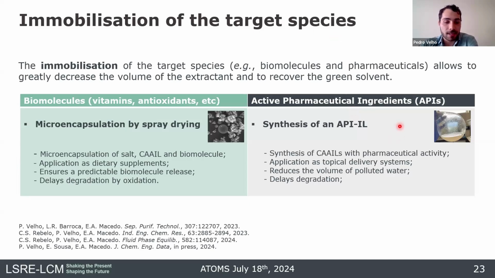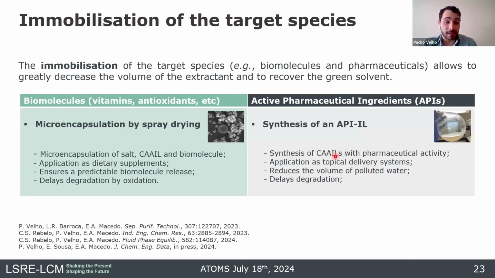We take the top phase, evaporate all the volatile components if we have them, for example using a rotary evaporator, and then we immobilize this pharmaceutical in an ionic liquid, which may allow you to apply these ionic liquids as topical delivery systems, for example in agriculture, for cows. We have a very interesting work in which we did that with salicylic acid. We removed salicylic acid from water, then immobilized it in an API-IL, and the idea is to use it as a topical delivery system due to its anti-inflammatory activity.